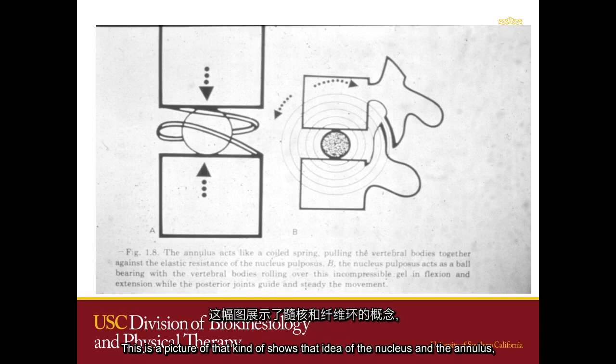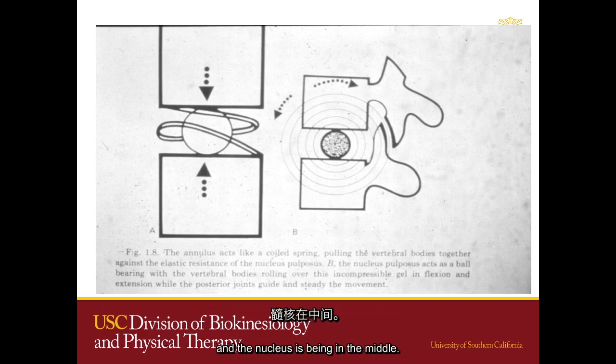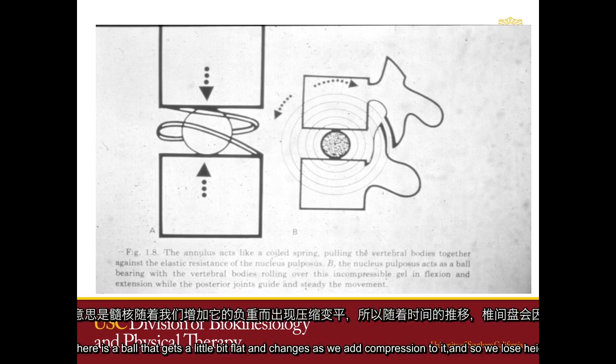This is a picture that shows the nucleus and the annulus, with the nucleus in the middle. It's kind of like a ball bearing, meaning that there's a ball that gets a little bit flat and changes as we add compression to it. So we lose height in the disc as the day goes on.